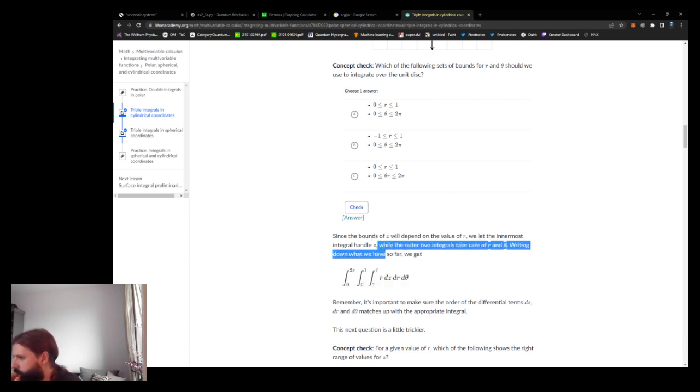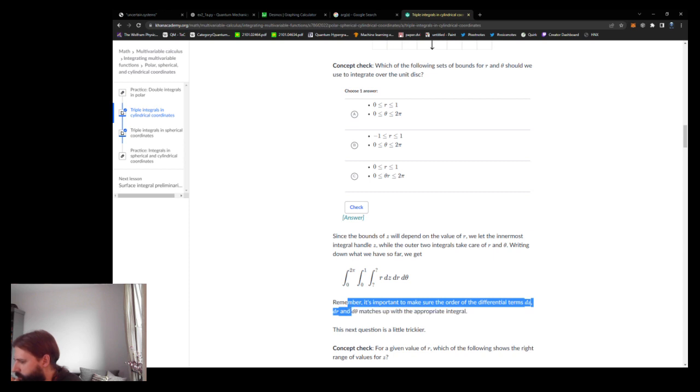Writing down what we have so far, it's important to make sure the order of the differential terms dz, dr, and d theta matches up with the appropriate integral.